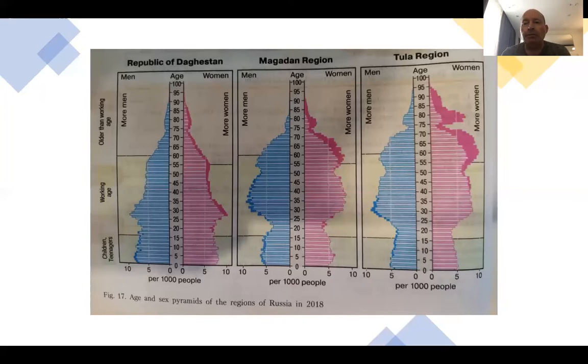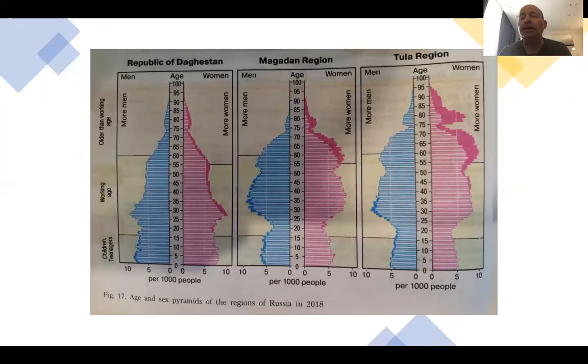Another thing we can say is the gender difference in the older age groups can be accounted for by the factors that I mentioned in video number 1: men don't live as long because of industrial accidents, the effect of working in hazardous industrial conditions, and an excess of smoking and alcohol consumption.